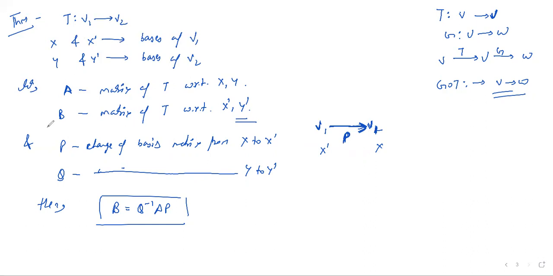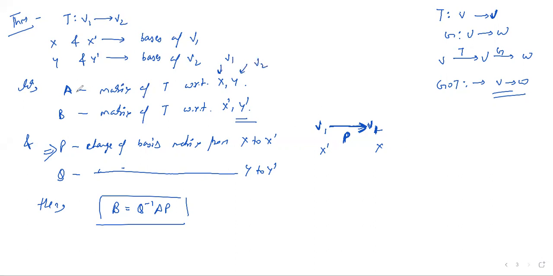Now we'll see what my matrix A is. My matrix A is the matrix of the transformation T with respect to bases x and y, where x is from vector space V1 and y is from vector space V2.